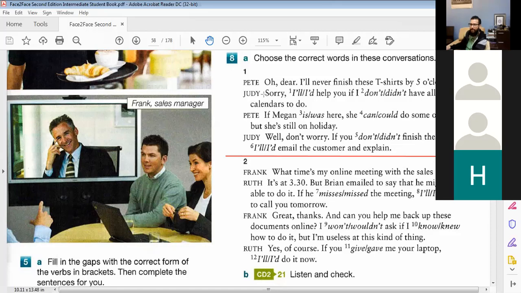Oh dear, I will never finish these t-shirts by 5 o'clock. Sorry. I'd help you if I don't have all these calendars to do. Continue, Pete.